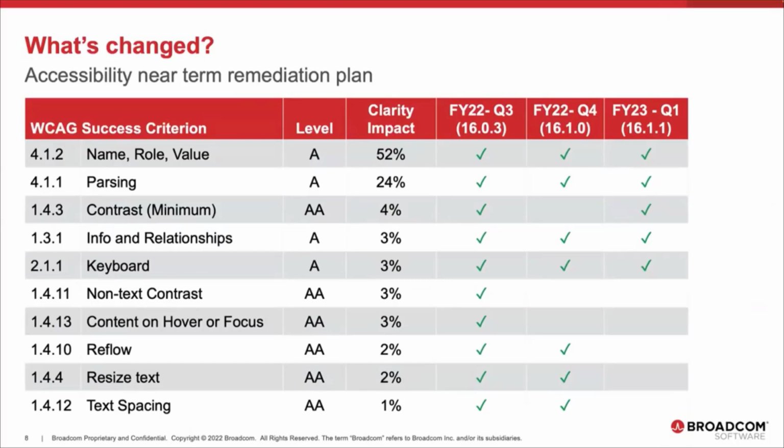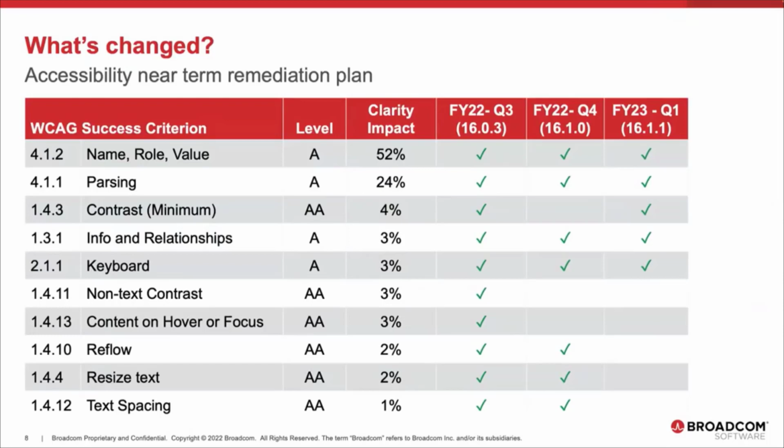As you can see, the reported issues span 10 WCAG success criteria. This release does include updates for each of those WCAG success criterion. So you may ask, when will the remediation complete for a given WCAG success criterion? The Clarity team will continue to remediate over the next 2 quarters in each of these identified success criterion.